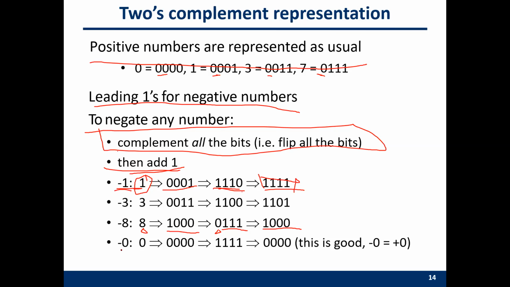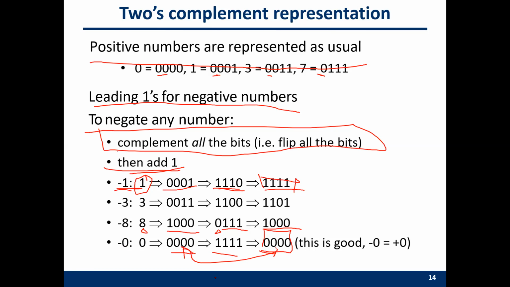And this is 0. So we write 0 here, inversion, and a +1, which gives all 0s. So now eventually we have the same representation for 0. We only have 1 zero. -0 is equivalent to +0. This is good.